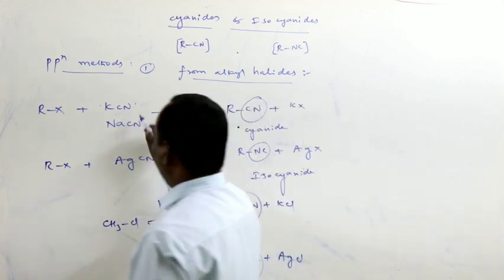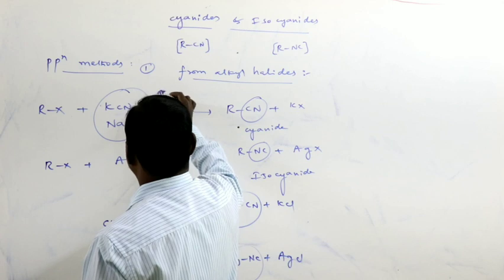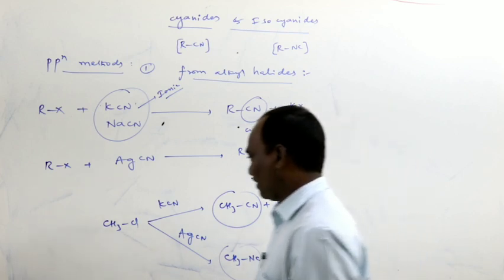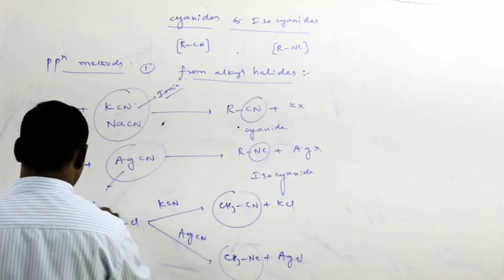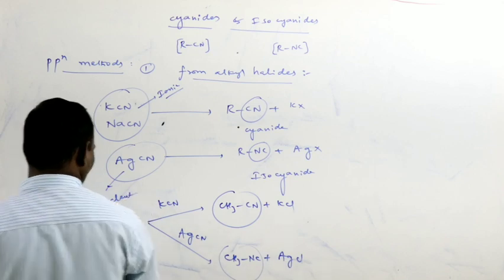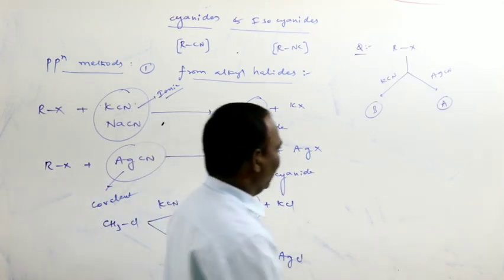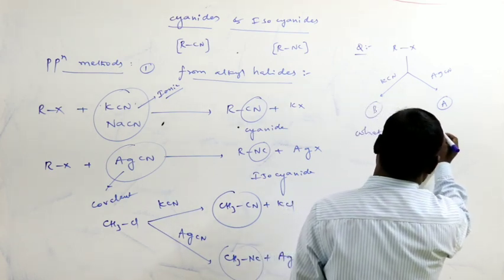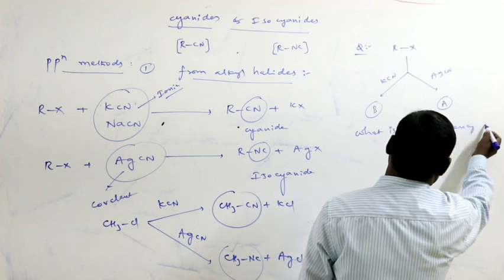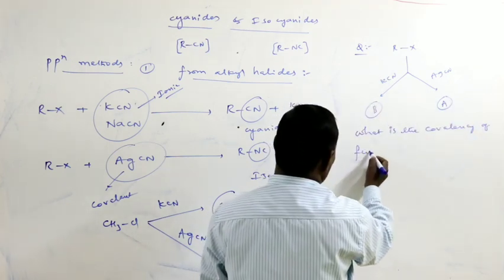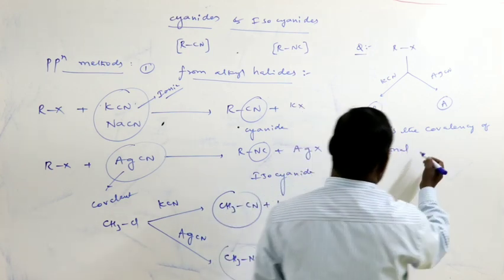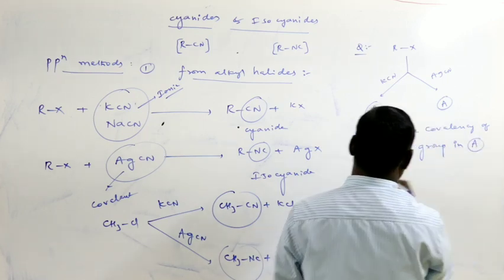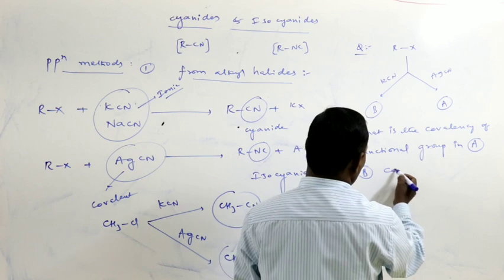Now here also the same reason: sodium cyanide and potassium cyanide are ionic compounds. They are completely ionized into cations and anions. And silver cyanide is covalent in nature. So what is the covalency of the functional group carbon in A and B compounds?